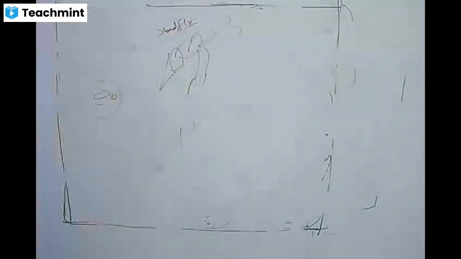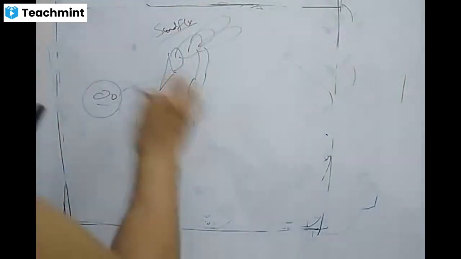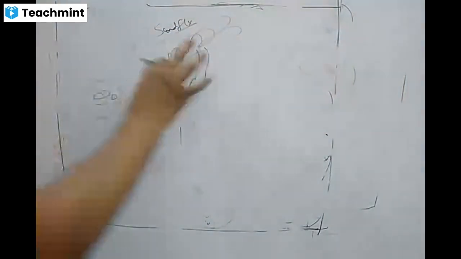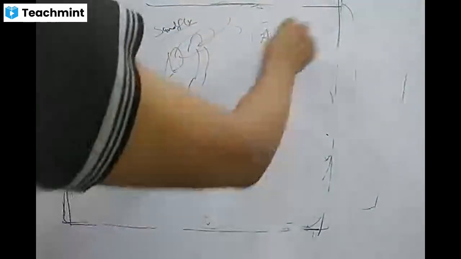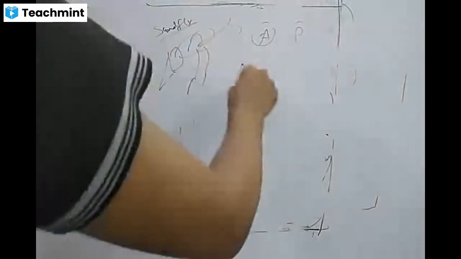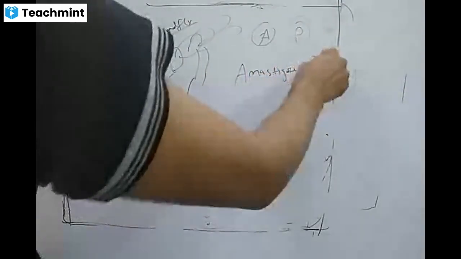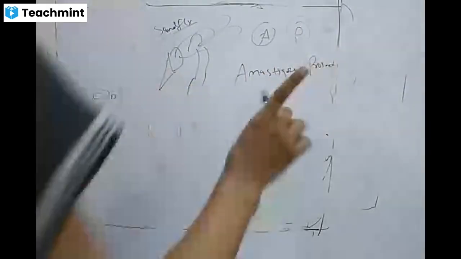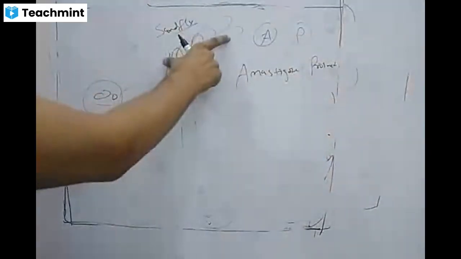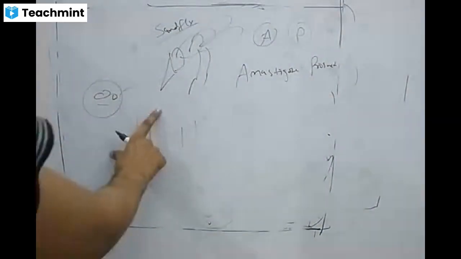Before going to the life cycle, we have these A and P forms, amastigote and promastigote. So we have two things: one is the vector, one is human.